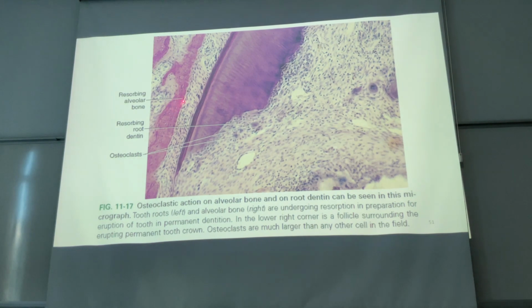This bone is resorptive bone, and you can see an osteoclast in this part, and this osteoclast can resorb the root of the tooth. And here is our periodontal ligament area. Here is our pulp area.